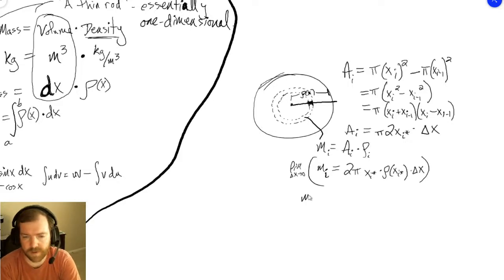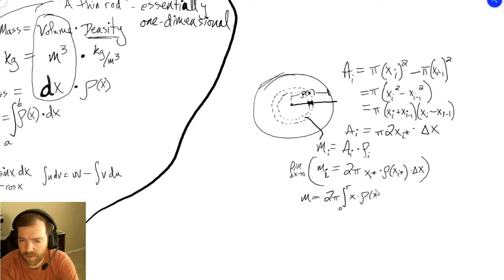So the true mass of the entire disk is going to be 2 pi integrated from 0 to the radius of this thing of x times rho of x dx.